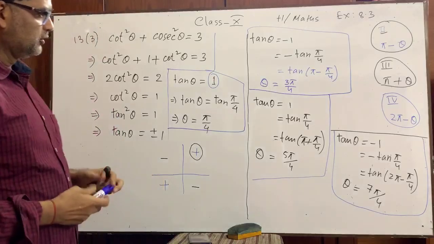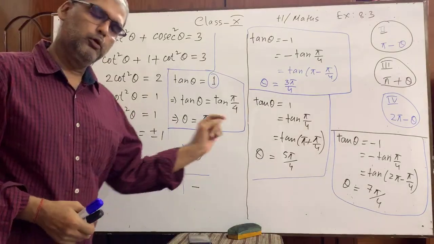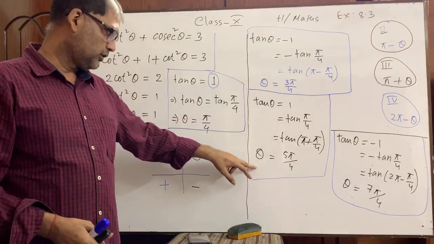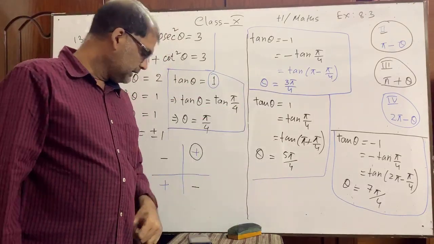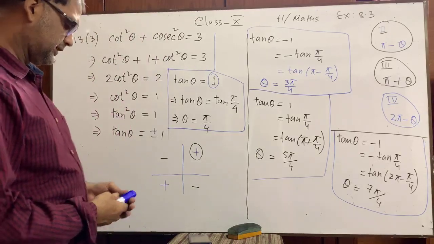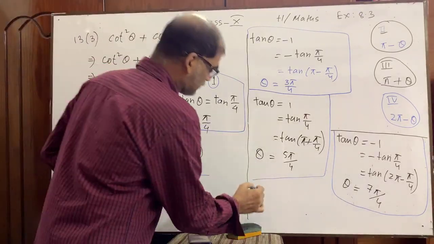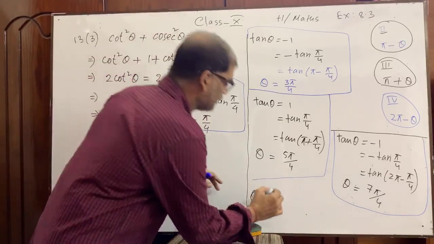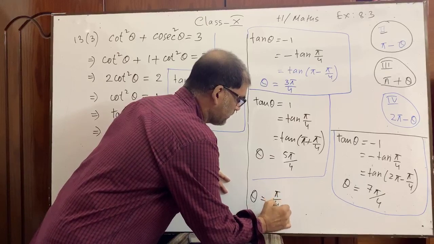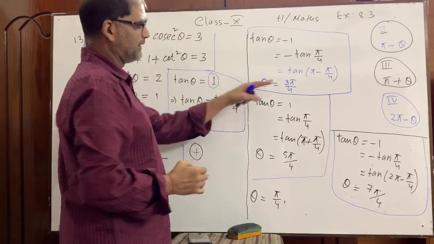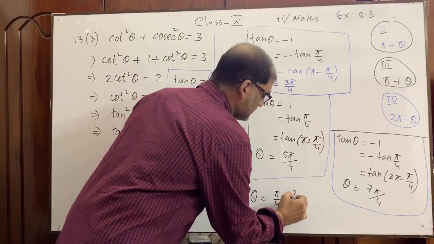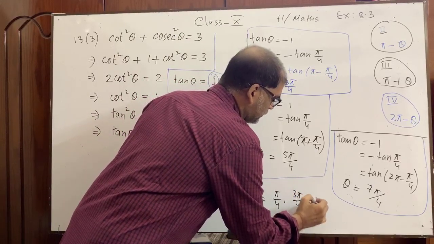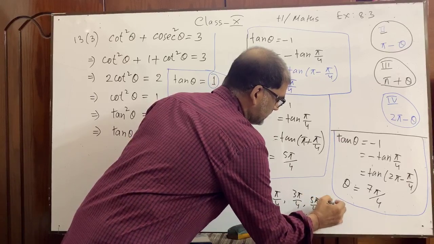So we have found the values in all four quadrants: first quadrant, second quadrant, third quadrant, fourth quadrant. Now what is to do? You have to write the answer, right? So theta equals, in the first quadrant pi by 4, second quadrant 3 pi by 4, third quadrant 5 pi by 4, fourth quadrant 7 pi by 4.